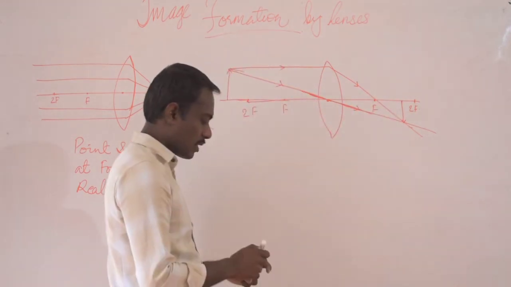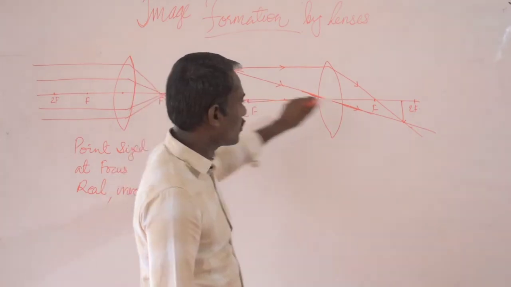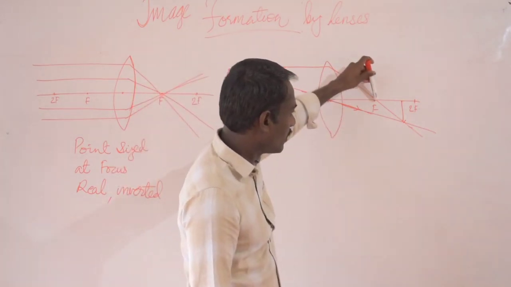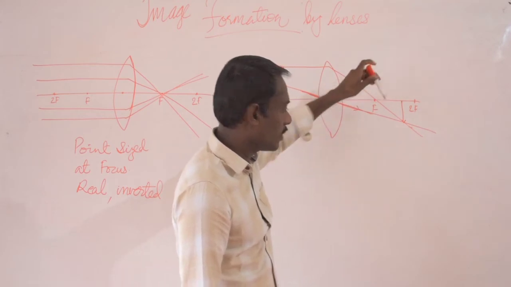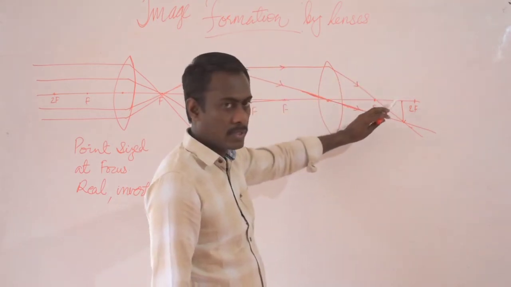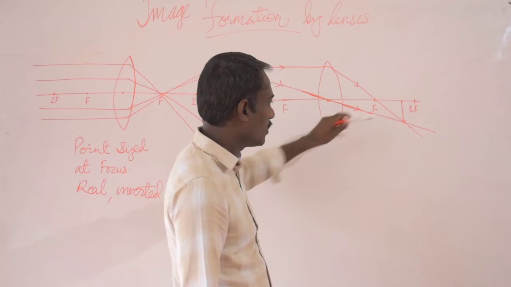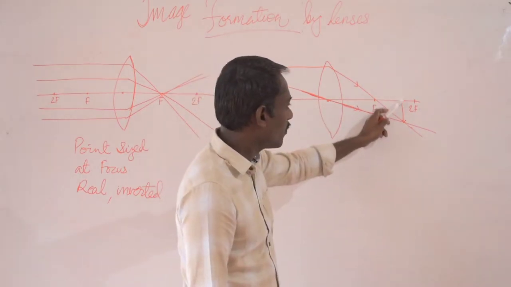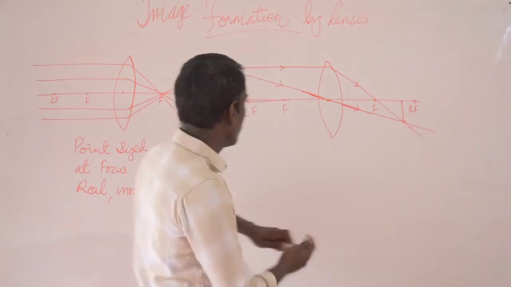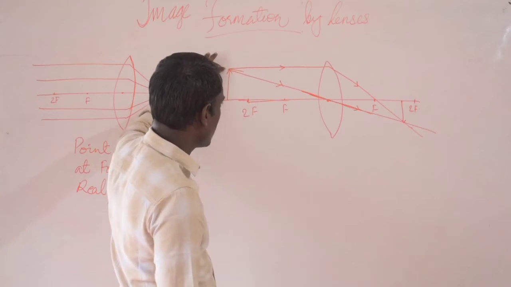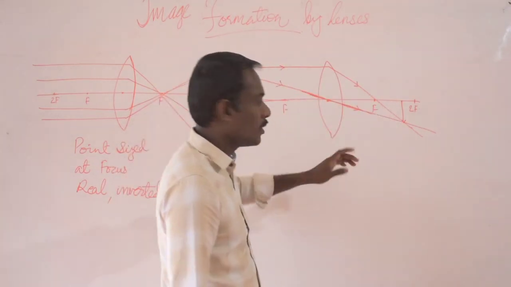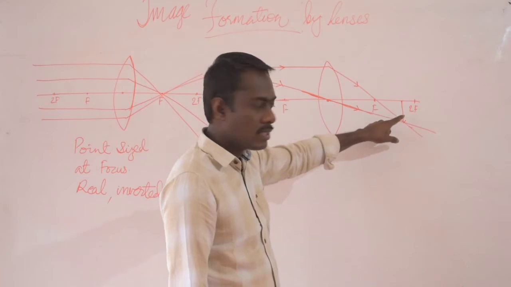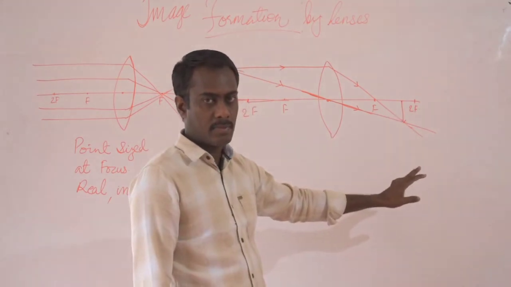Now if you observe, the image is formed in between F and 2F. That is the position of the image. What is the nature of the image? The image is inverted, so it is a real image.